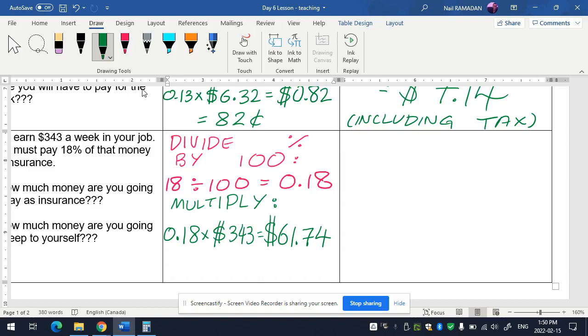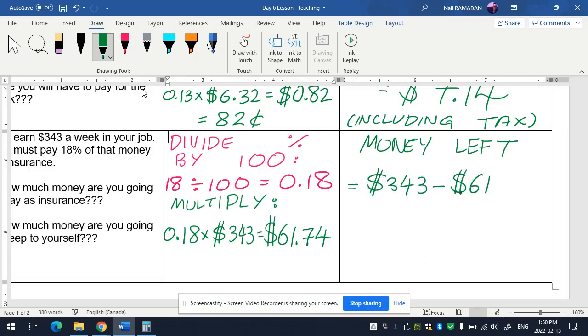So that means I'm going to say, let's say, money left equals $343 subtract $61.74. Please, whenever you deal with money, always make sure you write the dollar sign. Even if you're going to write it in your final answer, just get into the habit of writing it also in the intermediate step. Okay, how much is that? Well, that's easy.